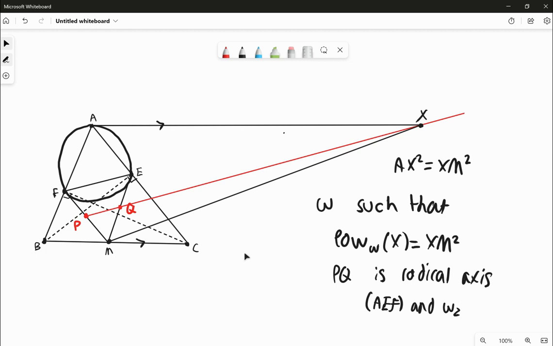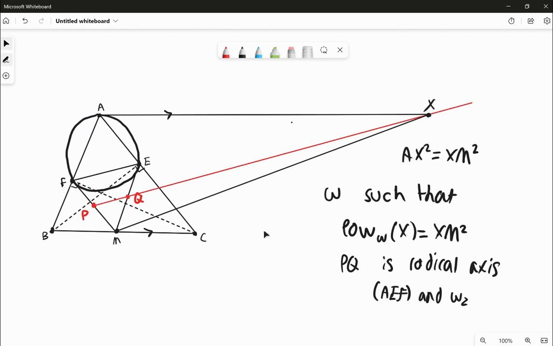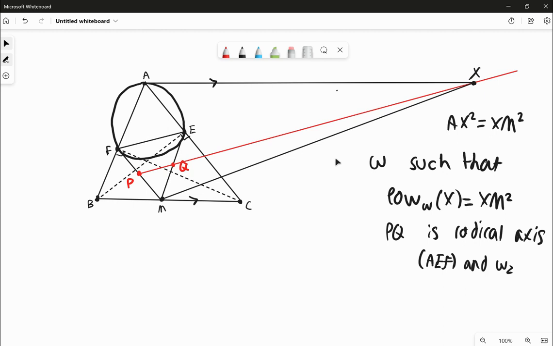So what haven't we used yet? Well, we haven't used the fact that MF and ME are tangent to the circumcircle. So maybe we could list something related to the power of P, because P is on the radical axis. The power of P with respect to this circumcircle here is just PF squared, and we know that's equal to PM squared here.